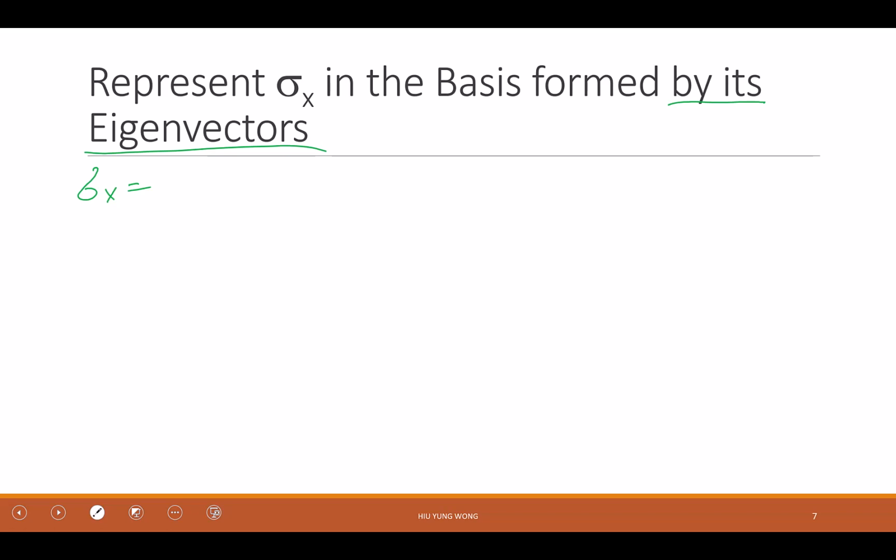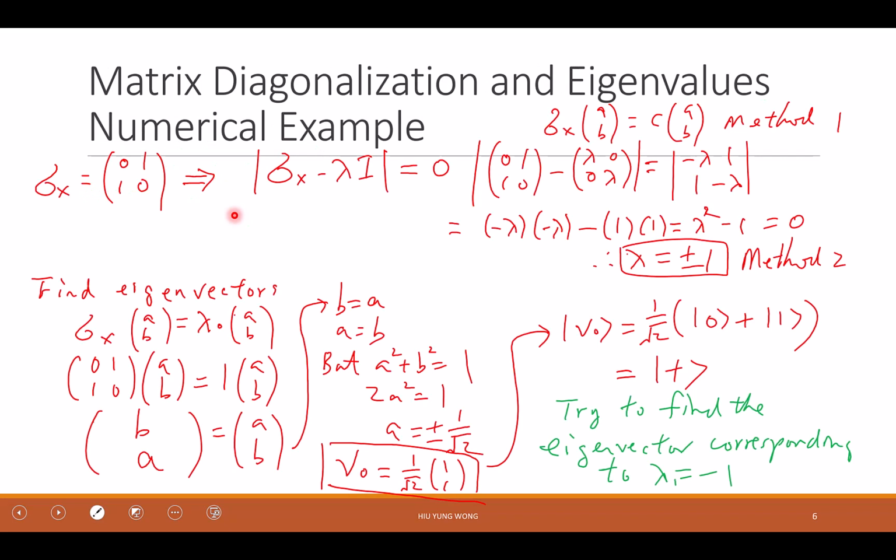So based on this, what should this look like? Can you guess what is the matrix of sigma x? One, zero, zero, minus one. Why? Because we just found out the eigenvalues are plus minus one, right?